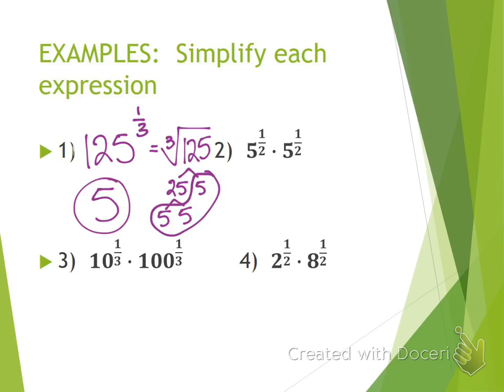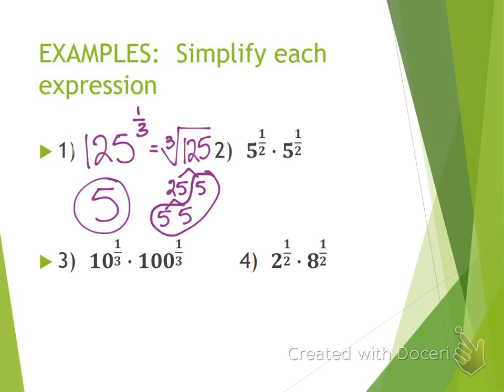Okay. So on the second one, there are 2 different ways to think about it. One way would be to change them into the radical form, because that's what we're used to doing. We're used to using the radicals. The other way would be to apply our properties of exponents. If we are multiplying the same base, what do we do to the exponents?